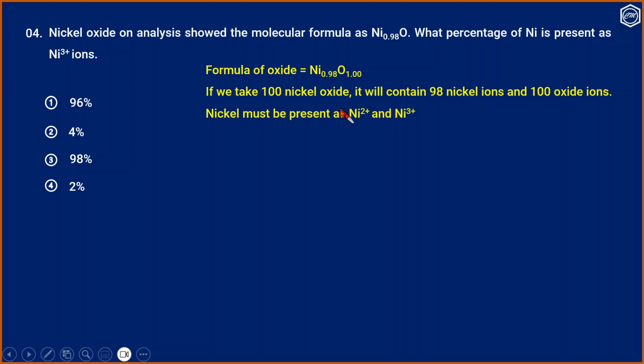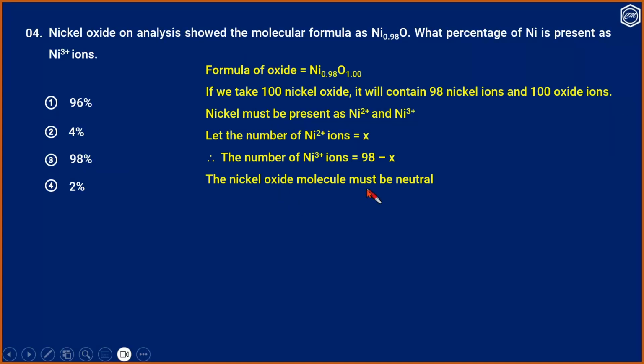Nickel exists in nickel +2 and +3 oxidation states. Suppose the number of Ni2+ ions is equal to X. Then the number of Ni3+ ions must be 98 minus X. So the total number of nickel ions is 98.